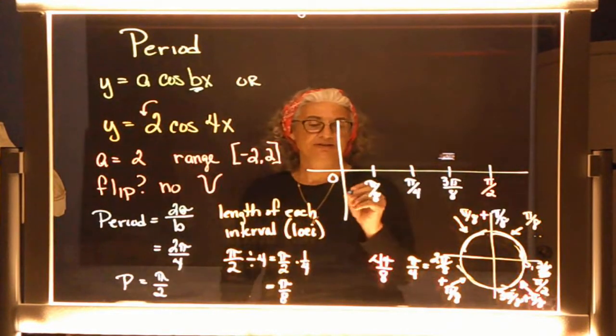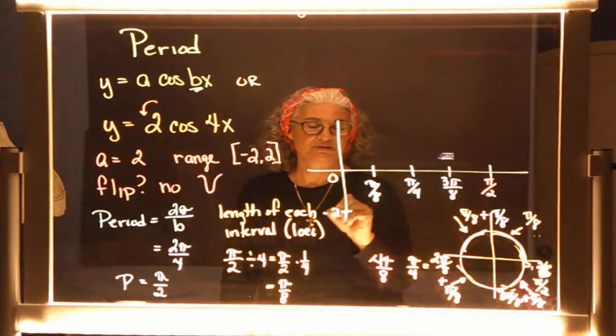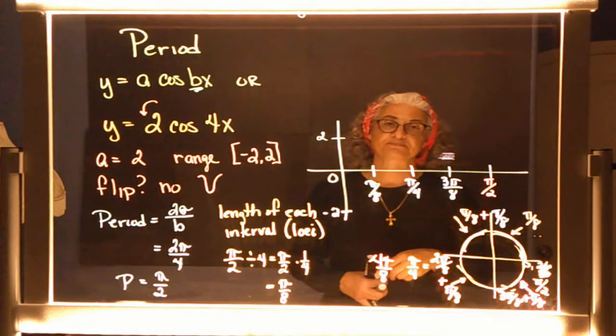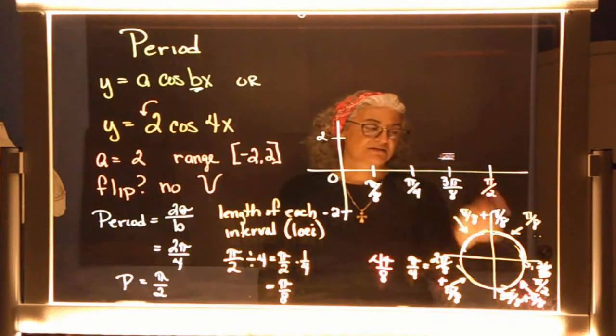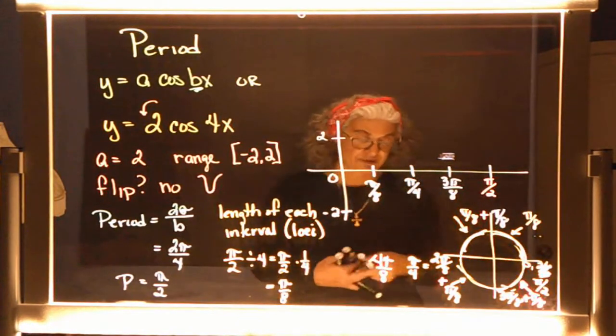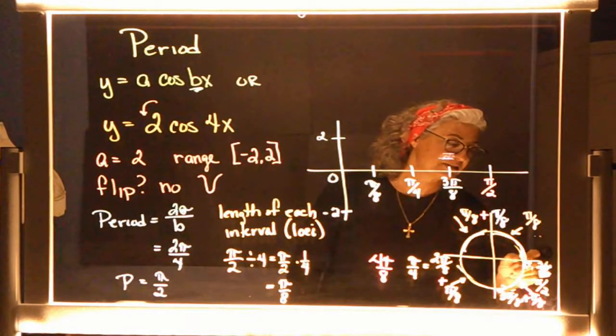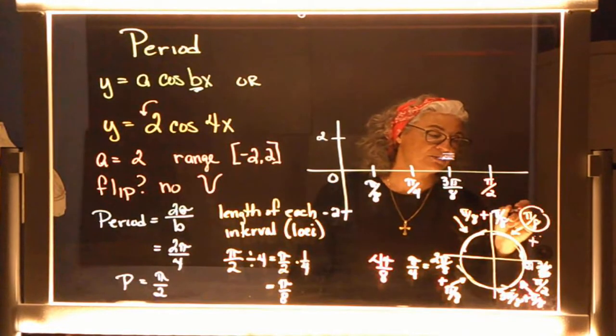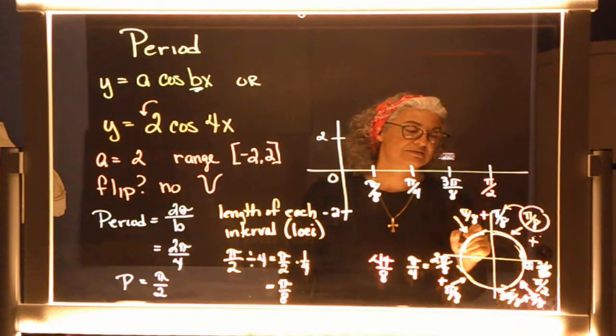And my range is going from -2 to +2. Got it? Okay. So, remember, in this particular case, I started at 0. I had to add this length of pi over 8, which ended up at pi over 8.